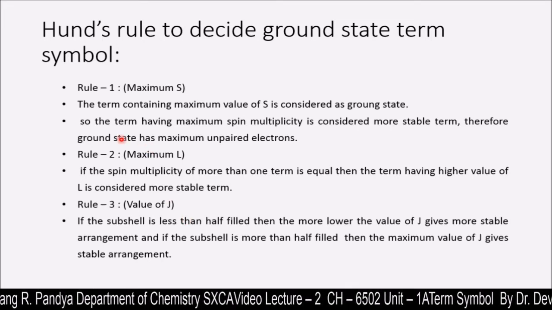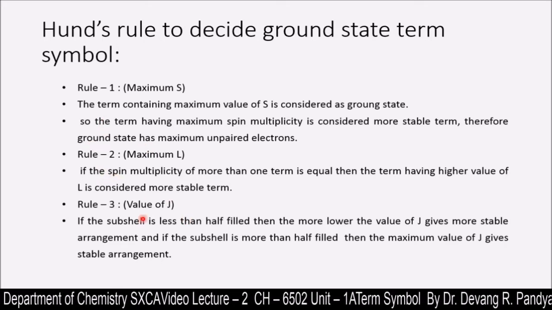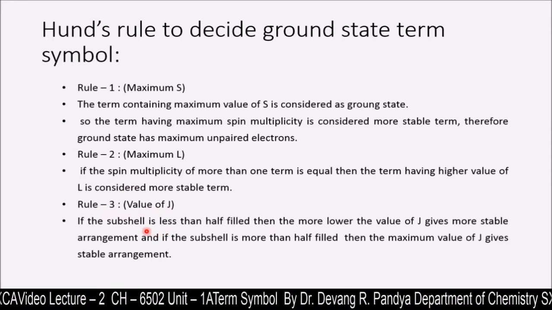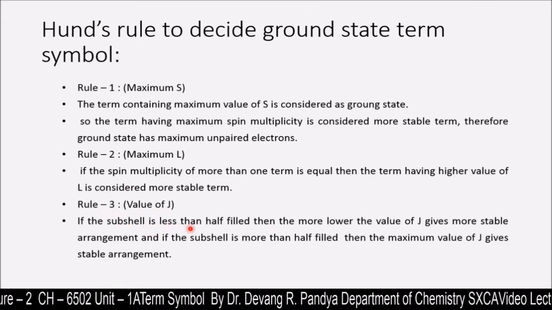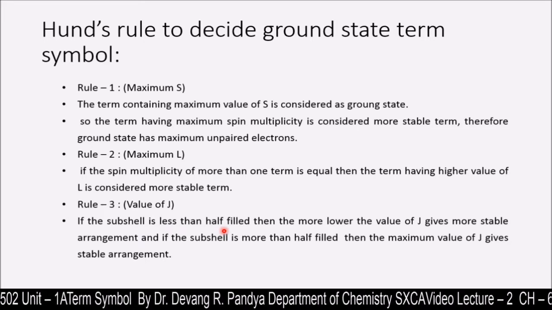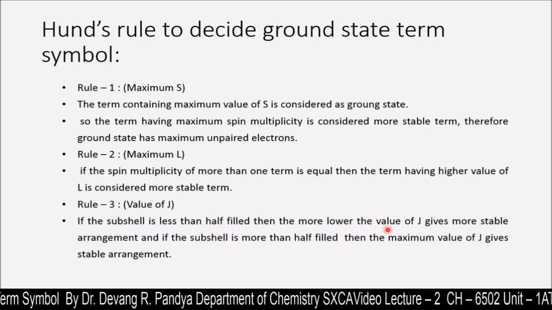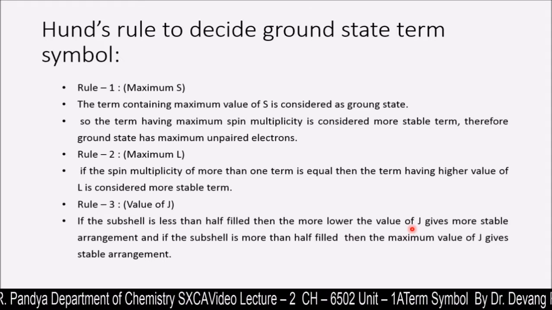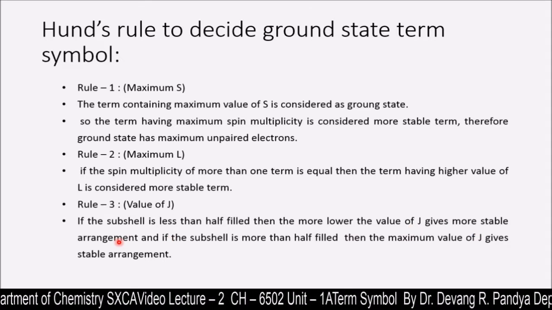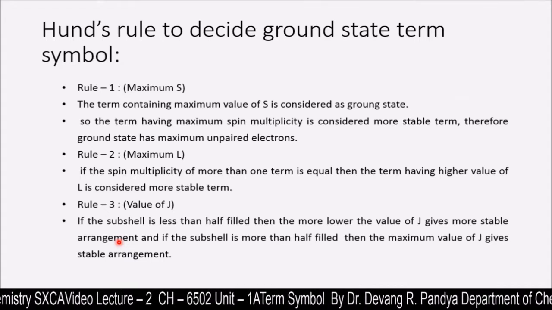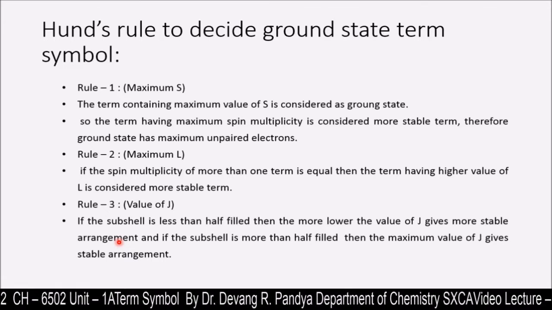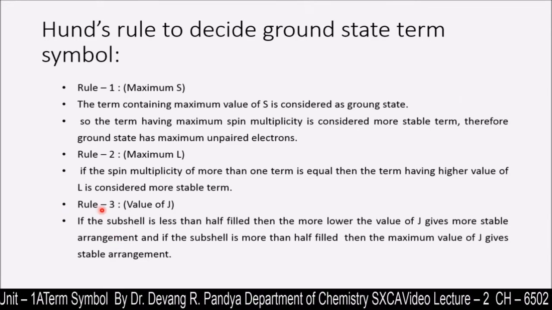So rules 1 and 2 we cannot use here, but we can use the value of J. Now for the p2 configuration the subshell is less than half filled. So the lower the value of J, that means triplet P0 gives a more stable arrangement compared to triplet P1 and triplet P2. So that way we can take help of rule 3.